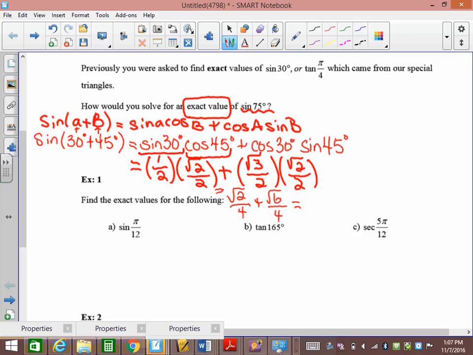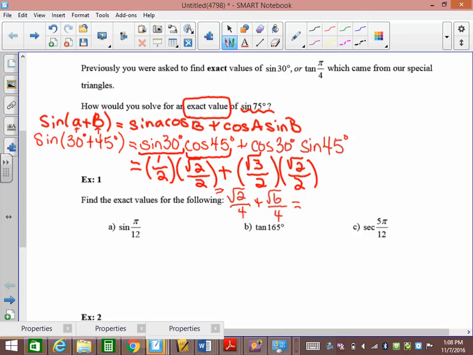Root 2 is like having an x, and root 6 is like having a y. Remember your rules from grade 10. The only way you can add radicals is if they have the same radicands. So over here, if I had like 2 root 2 plus 3 root 3 plus 4 root 2, my answer would be 2 root 2 plus 4 root 2, which is 6 root 2 plus 3 root 3.